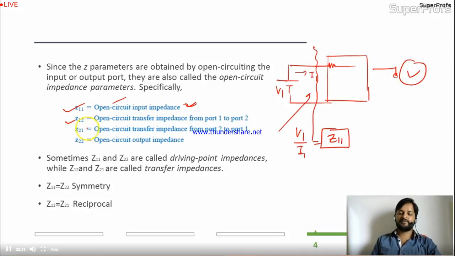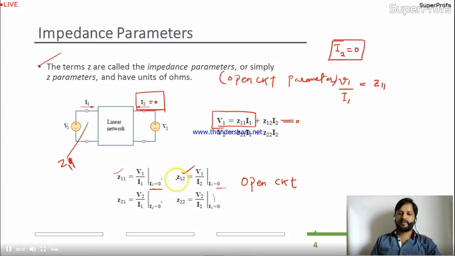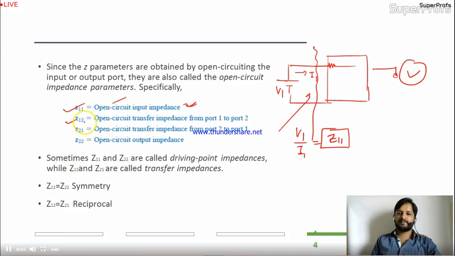Now come to Z12. Open circuit transfer impedance. See, what is Z12 actually? Z12 is V1 by I2. You are considering V1 from this stage, but you are taking I2 from that stage. Means the impedance because of I2 and V1 is Z12, right? So I can write Z12 is the open circuit transfer impedance from port 1 to 2.